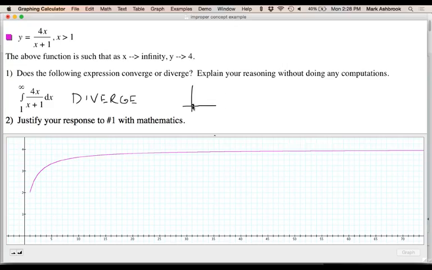It's basically going to look like this, because the quantity will keep increasing at a rate of change of essentially 4 when x gets big enough. So that's the reasoning behind number 1.